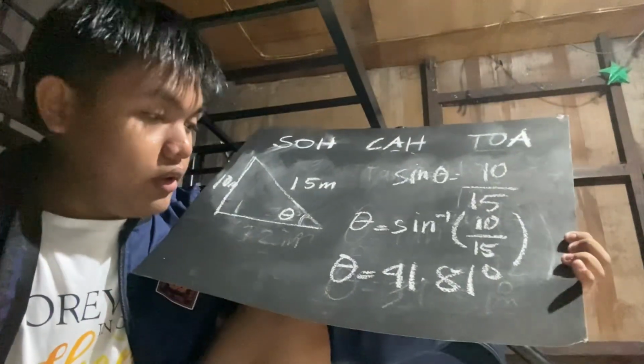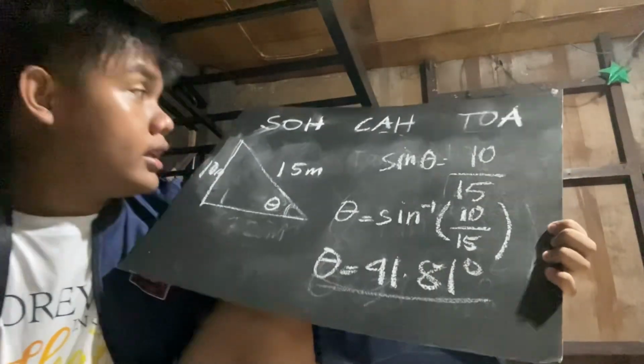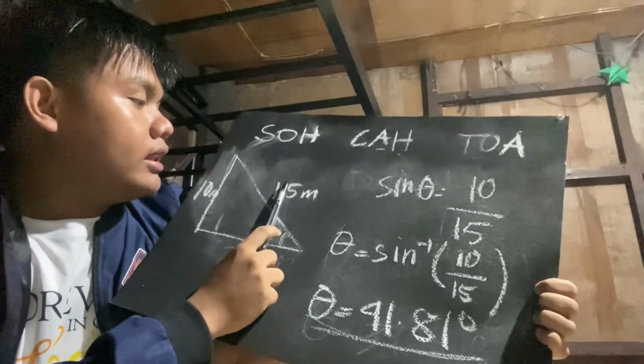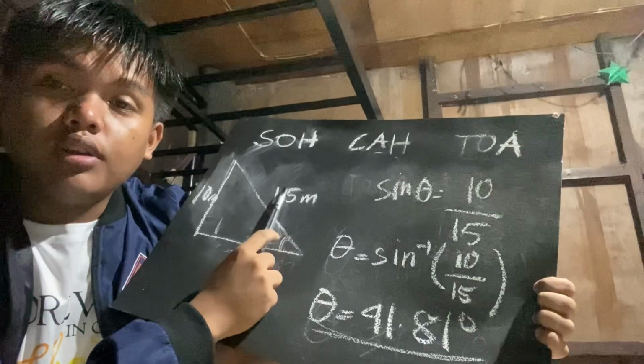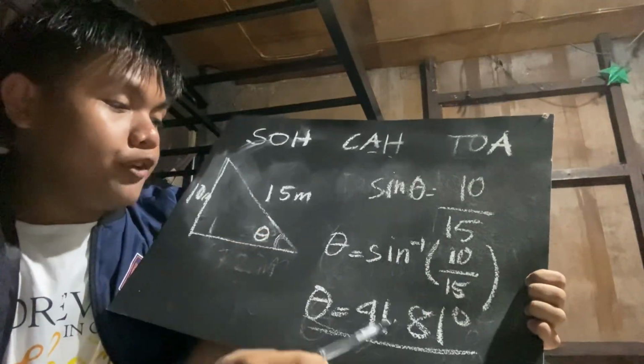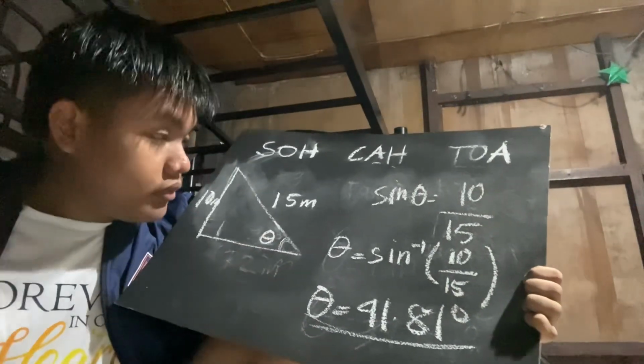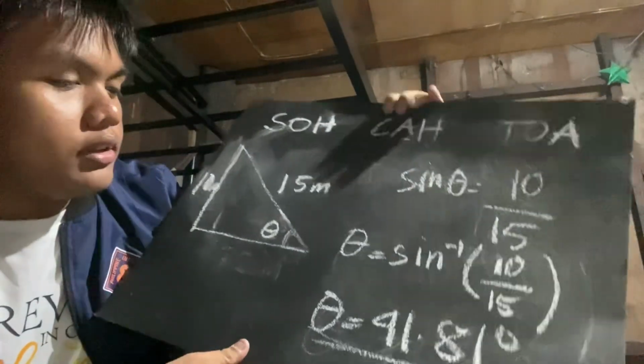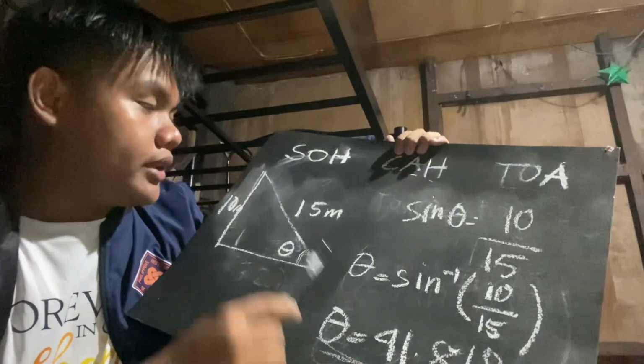Well, you can check it by using the sine again. Let's pretend that we don't have this value, the 15. So sine 41.81 equals opposite 10 over x, where x is the hypotenuse.